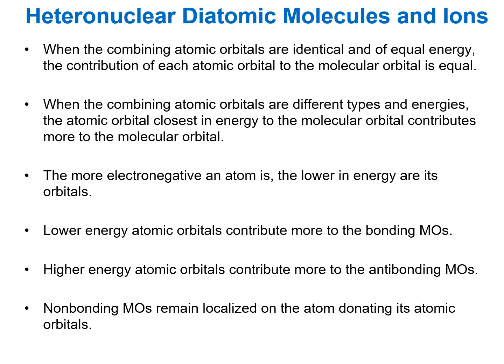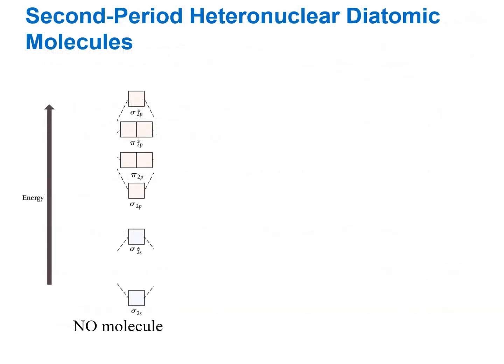Higher energy atomic orbitals contribute more to the anti-bonding molecular orbitals. That's kind of repeating what we've already been saying in these past few slides. And non-bonding molecular orbitals remain localized on the atom donating its atomic orbitals. Yes, that's true, and we'll be looking at these in the next couple of slides and giving these a little bit more of an explanation.